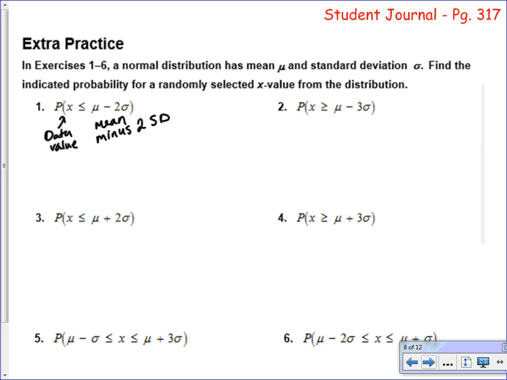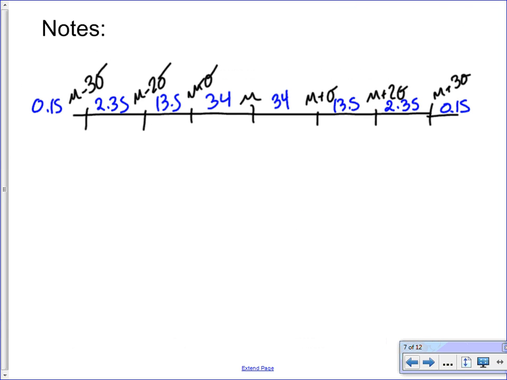I'm going to go back to my notes area, and I'm going to search for the mean minus 2 standard deviations. Where is the mean minus 2 standard deviations? Can you spot it? Right here. And we want data values that are less than or greater than? Less than, so that would be to the left.